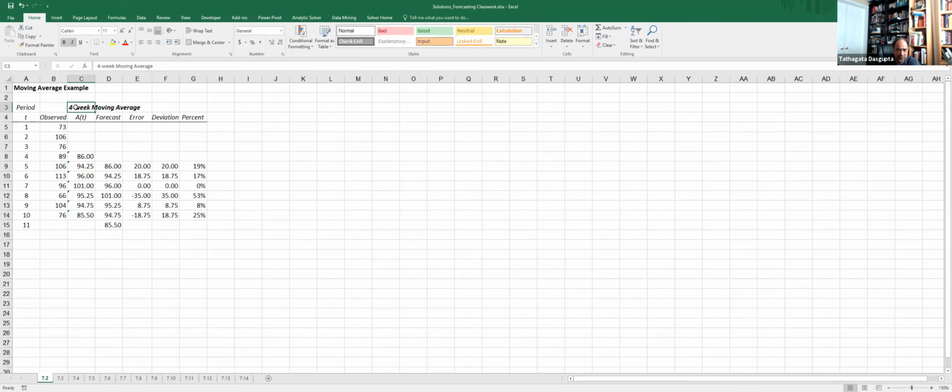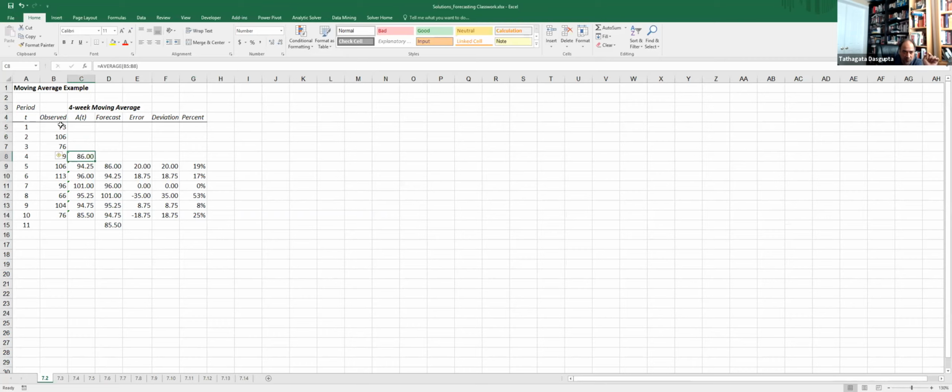This 4-week moving average AT, just follow my steps here and you should be able to replicate this for a lot of other problems we are about to do. Just make sure you're typing it out, and this is a 4-week moving average.